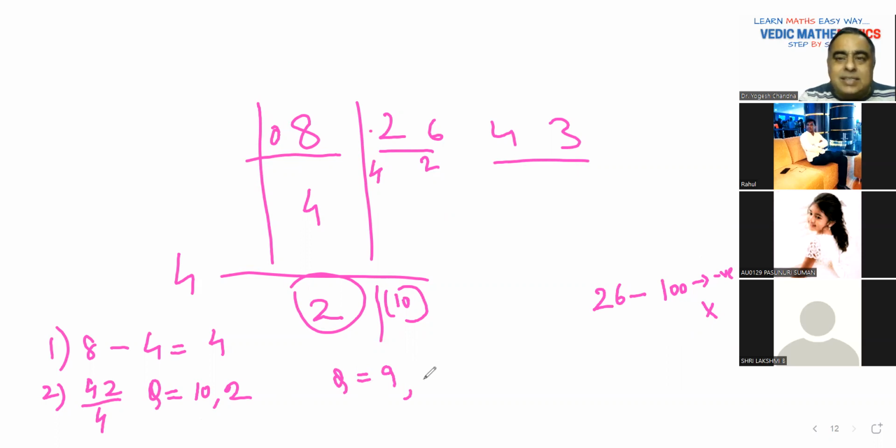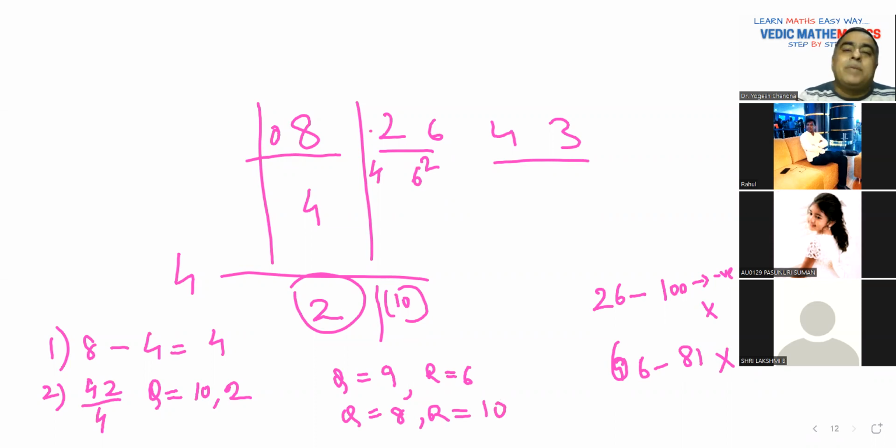So 9 4s are 36, so the remainder came 6. So 66 minus 9 square, 81. Again, it is wrong. Then again I'll drop the quotient to 8. Remainder 2. So 8 into 4 is 32, remainder is 10.